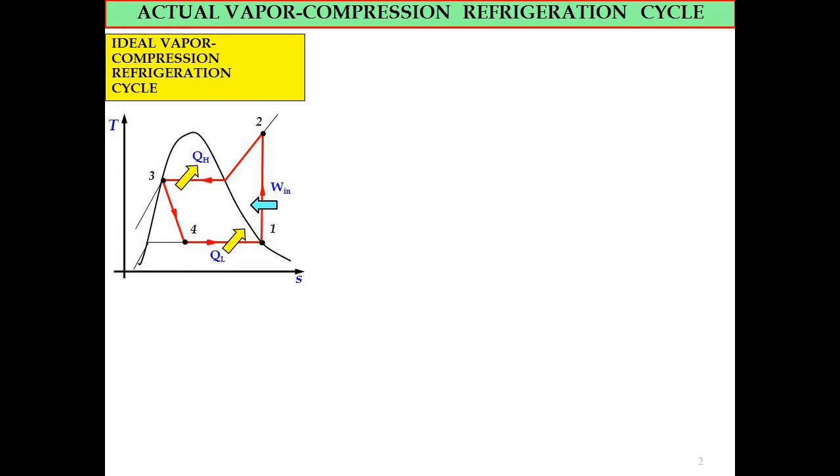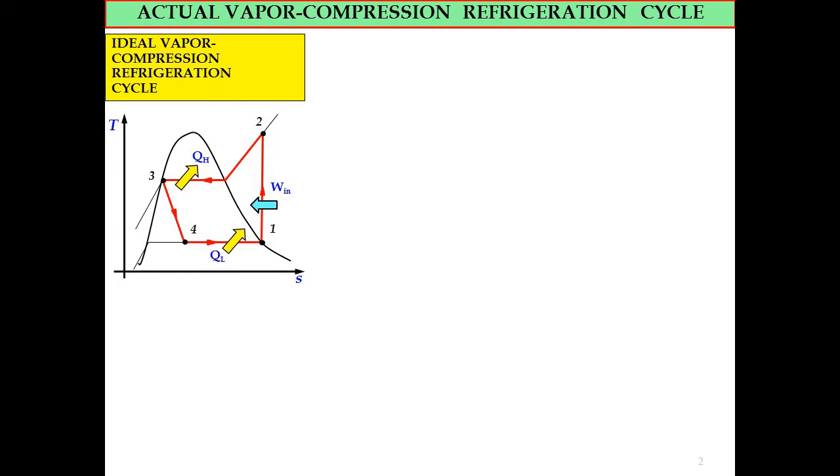The first process, from state 1 to state 2, is the isentropic compression process in the compressor, where state 1 is saturated vapor. So S2 equals S1, and the phase for state 2 is superheated vapor.